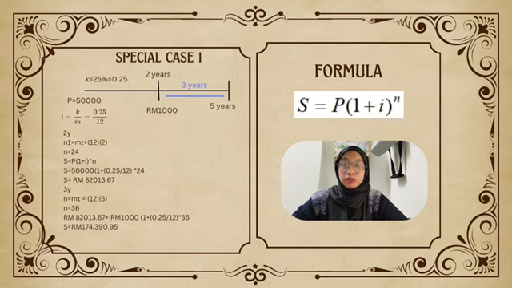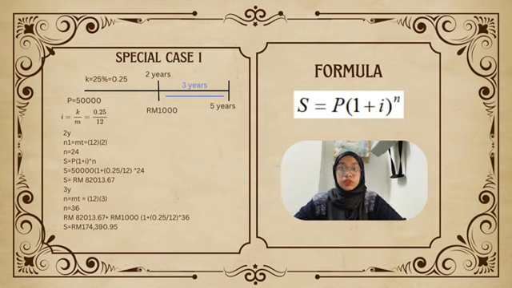Substitute the values into the formula, which gives us S equals 50,000 ringgit bracket 1 plus 0.25 per 12 bracket to the power of 24, which gives us S equals 82,030 ringgit and 67 cents. So the maturity value for the first 2 years would be 82,030 ringgit 67 cents.